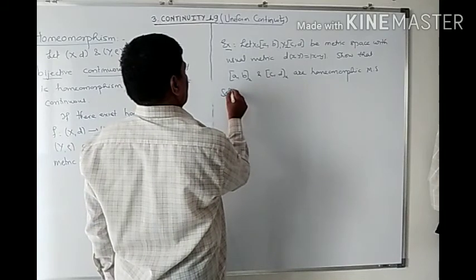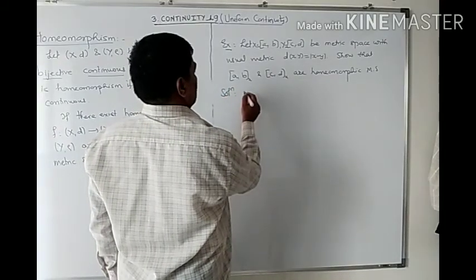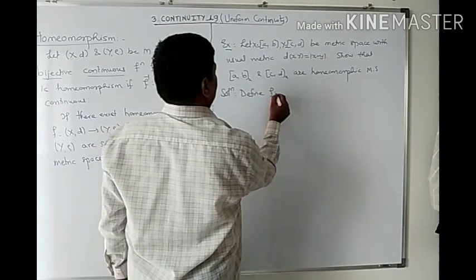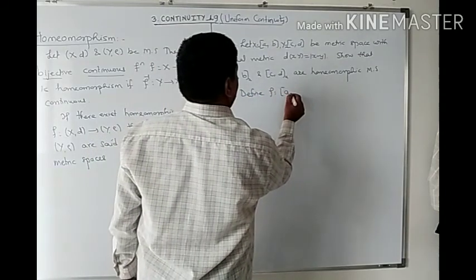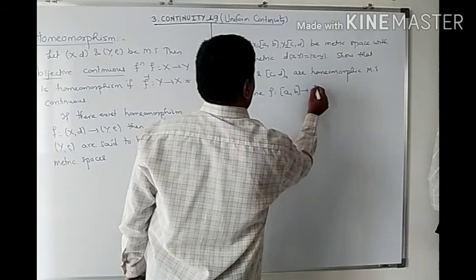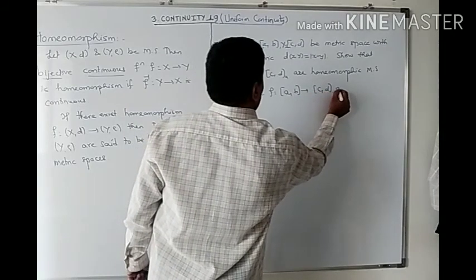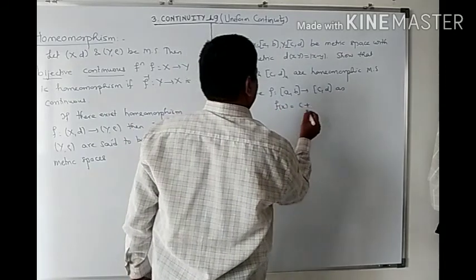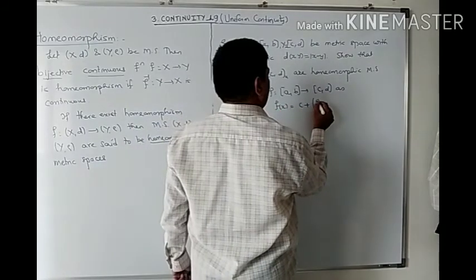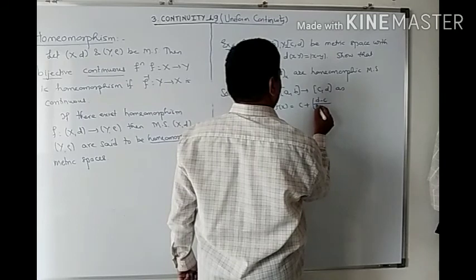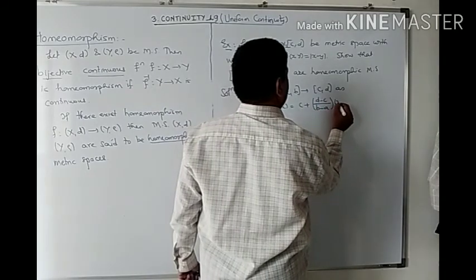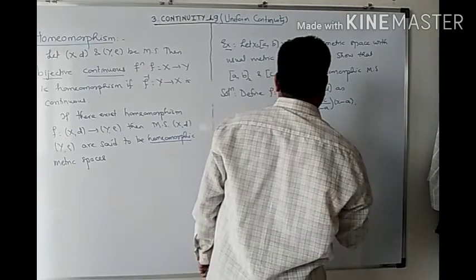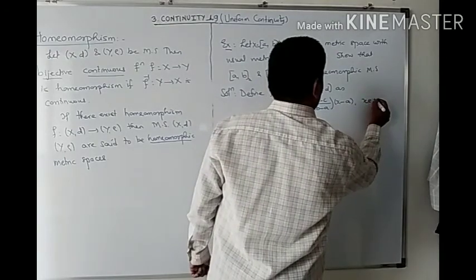Solution: define f from [a, b] to [c, d] as f(x) = c + (d − c)/(b − a) times (x − a), where x belongs to [a, b].